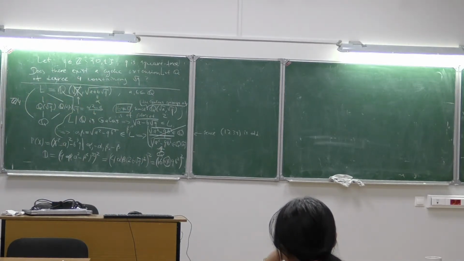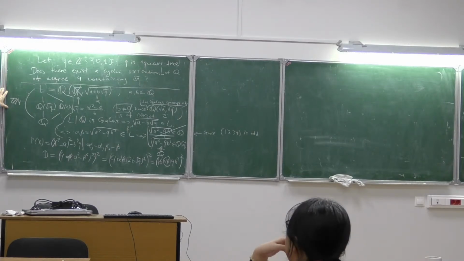And what's in this group? Why do we exclude it? Because you see, we want this group to contain an odd permutation. So why does it contain an odd permutation? Because there are 4 elements, and the group is cyclic, so the group is a cyclic permutation of 4 elements.